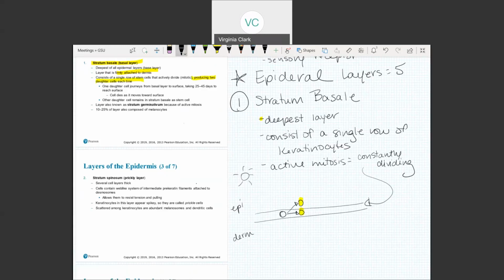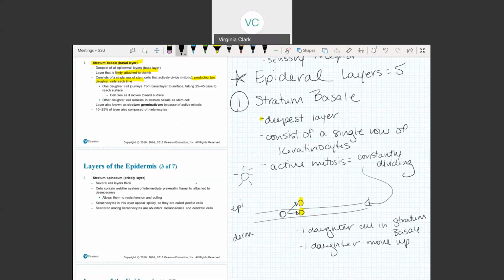And what's going to happen is 1 daughter cell is going to stay on the actual stratum basale layer.